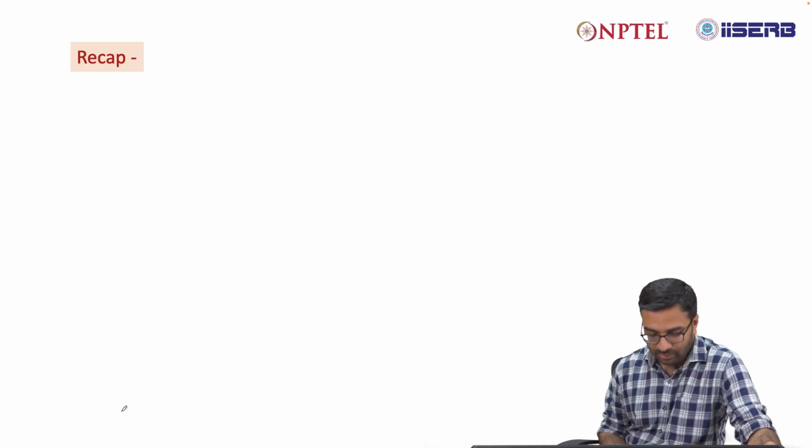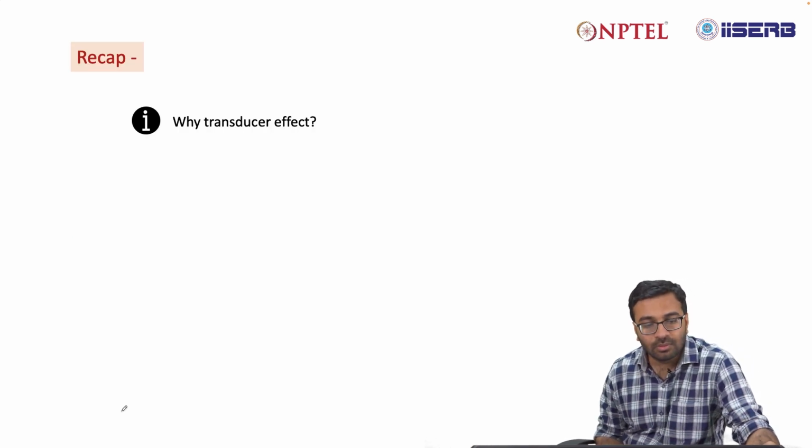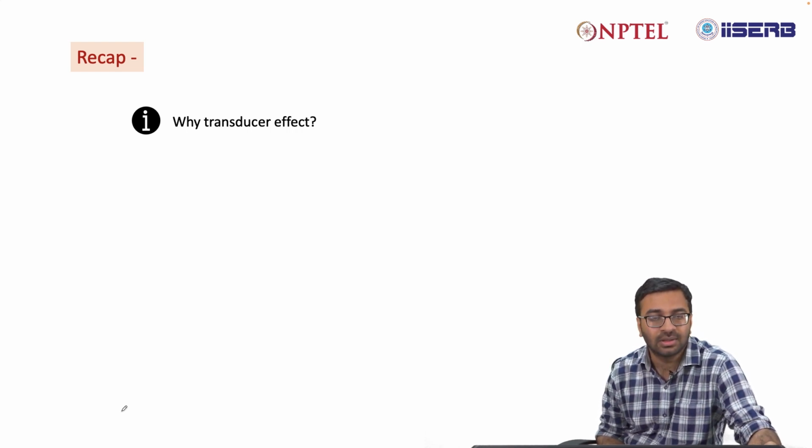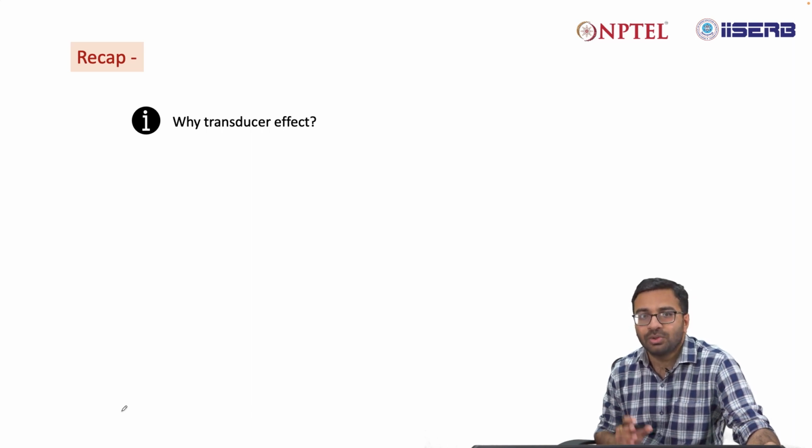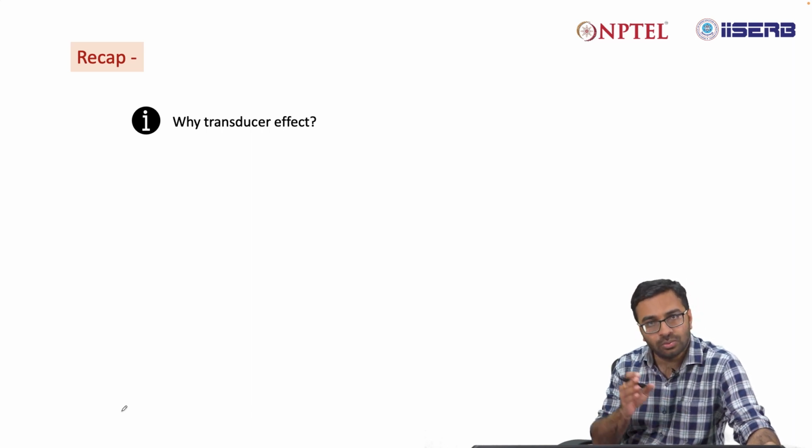So far we have studied why transducer effect is needed in sensors. We briefly discussed that almost all the sensors have a transducer effect associated with it, especially because you want to convert one energy to another energy.